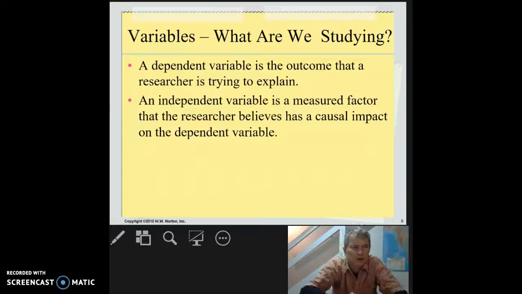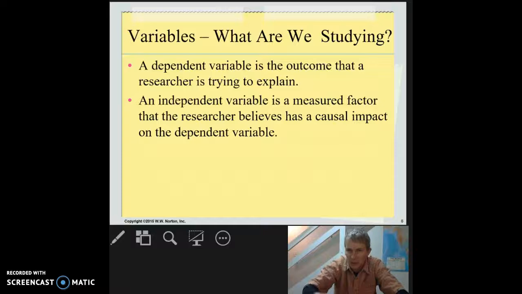So another thing that we have to do is think about variables. What exactly are we studying? There's the dependent variable and the independent variable. And what you have to think about in reference to variables is that it is something that varies. The dependent variable is the outcome that a researcher is trying to explain.